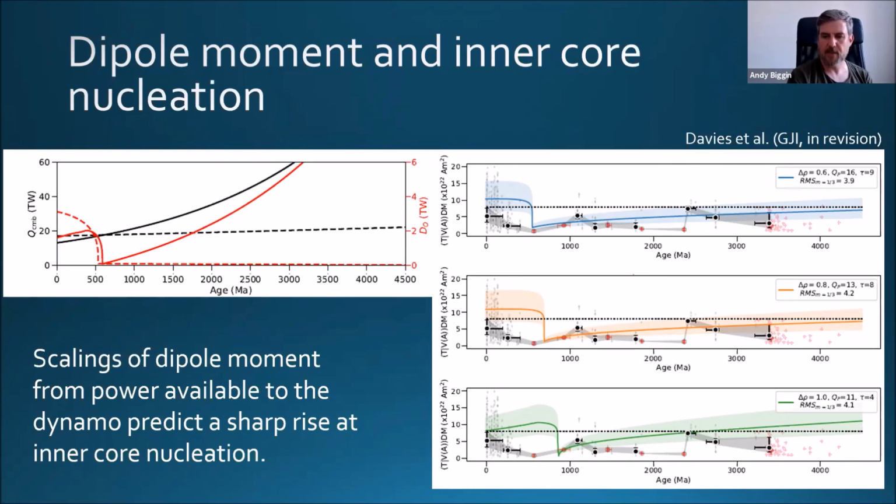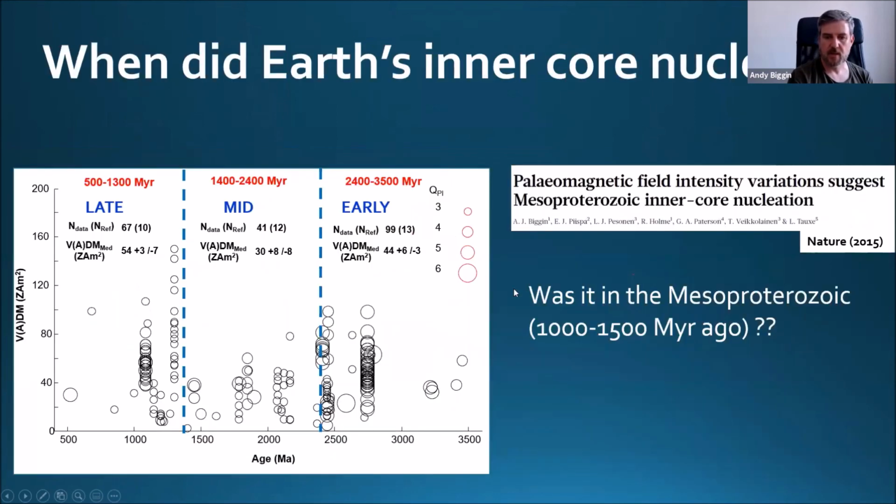Okay, so here we've got dipole moments, binned, large bins here for comparison, but the problem is we've got these red points in this critical time period. Red in this plot means that fewer than 10 data points are available, so really largely unconstrained in these time periods. But we've nevertheless, as paleomagnetists, tried to make predictions of when the inner core did nucleate based on dipole moment data.